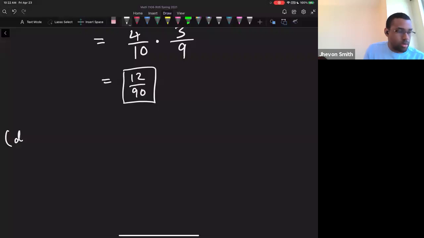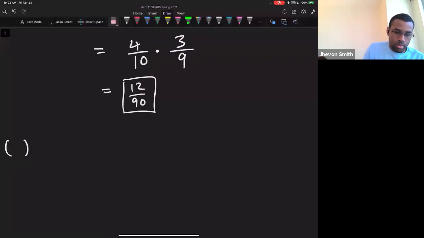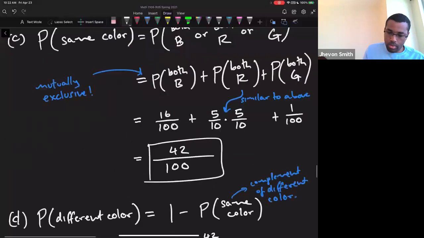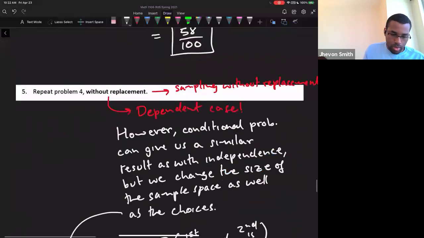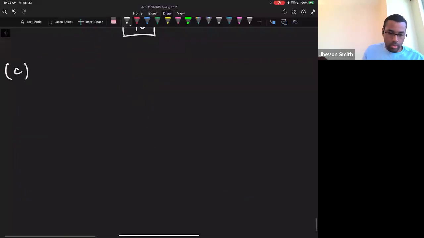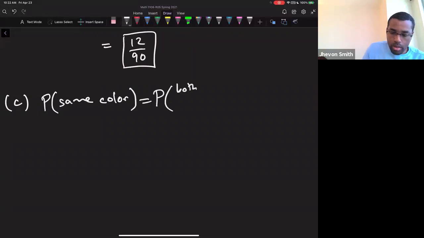And C. So let's have the same color. So probability same color equals probability both green, or both blue, or both red.